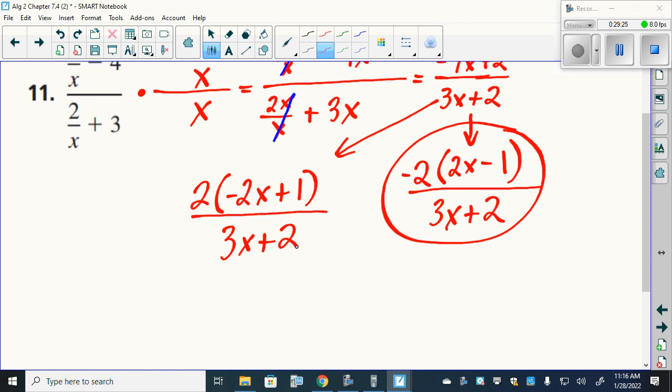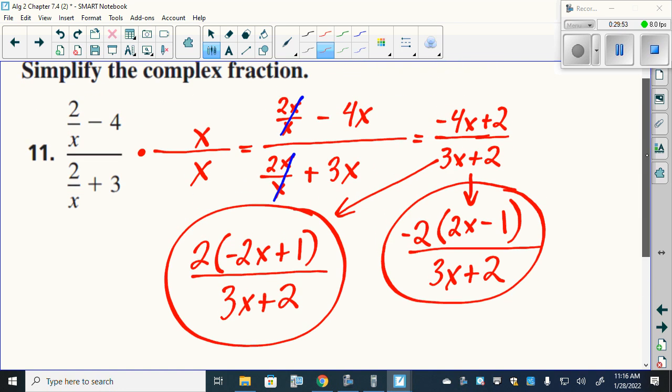Because if it did work out that the denominator was negative 2x plus 1, I would just factor the 2 out and those would cancel. Or if there was a negative 3x minus 2 on the bottom, we can factor both negatives out and they would cancel. So really, either one of these I would take because they are the same thing.